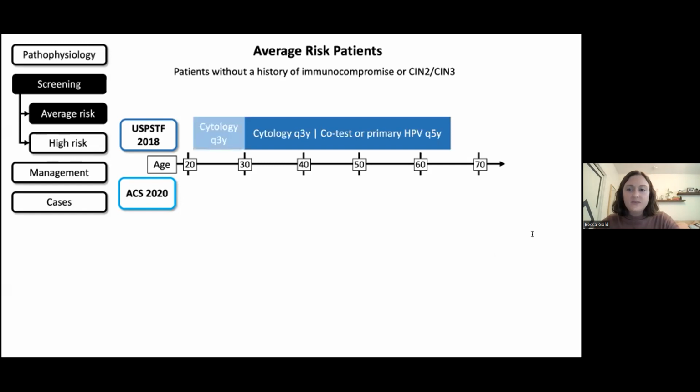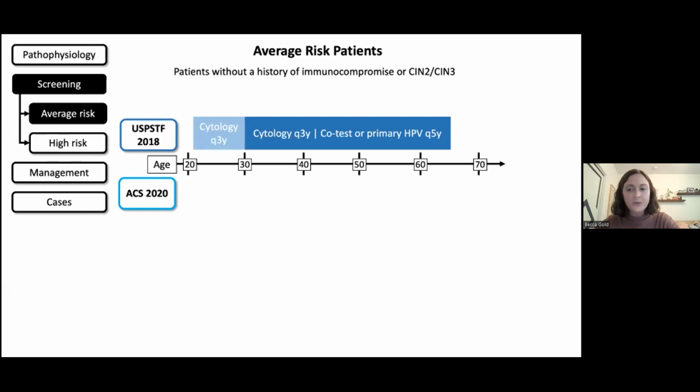So beginning with the USPSTF, this screening guideline recommends that in patients who are ages 21 to 29, you perform cytology only, or a pap smear, every 3 years. And then in folks that are 30 to 65, you can either choose between cytology only every 3 years or an HPV-based testing, again, meaning either primary HPV or co-testing every 5 years.